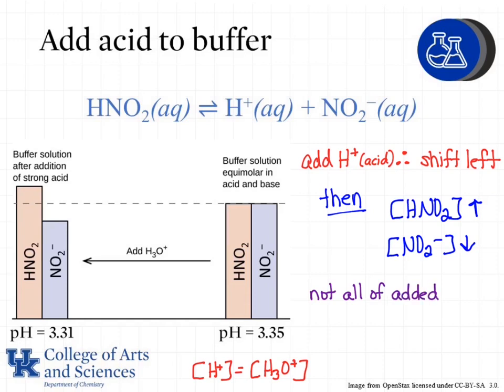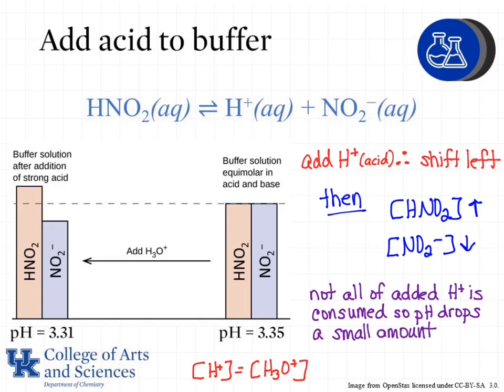While most of the added H+ is neutralized and reacts with NO2- to form HNO2, not all of it is consumed, so the pH drops a very small amount. But the change is significantly less than adding acid to water.